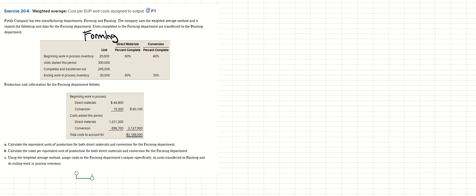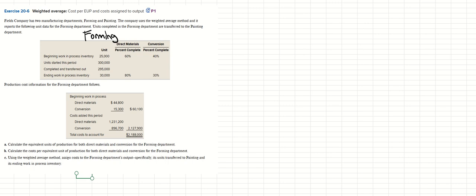It shows the units within the forming department that are sitting in their beginning work in process inventory account, and also the ending work in process inventory account, and then the units that were started during the period, and the units that were completed and transferred out from the forming department into the painting department. So from department A to department B.